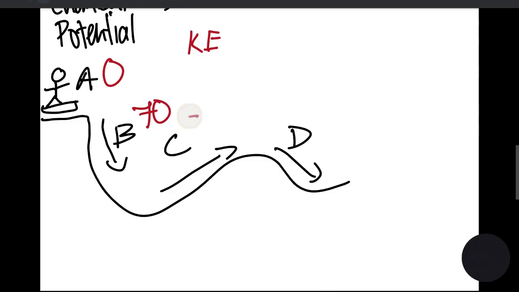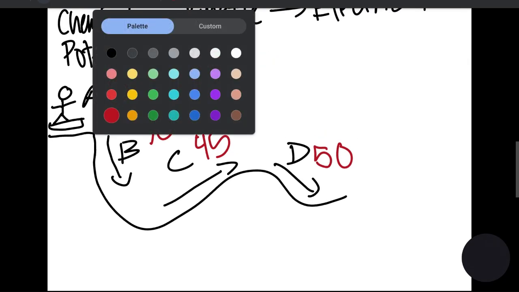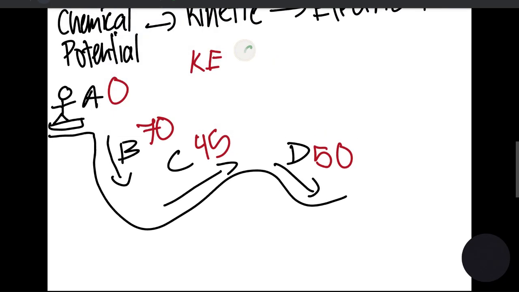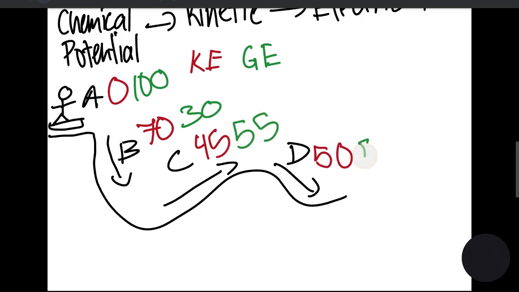Then over here, it's 45. Then over here, it is 50. Just as an example, okay? Then that means GE would be 100, 30, 55, and 50.